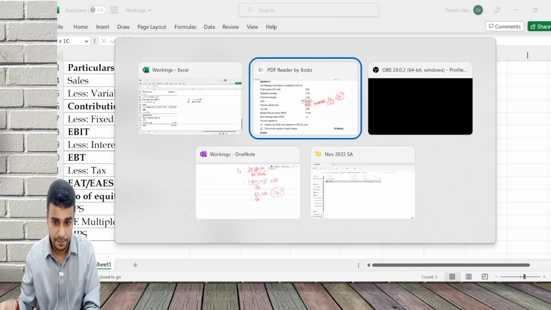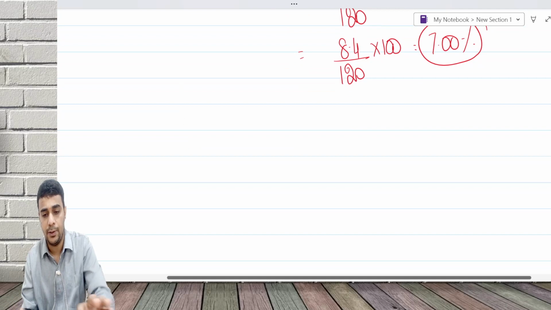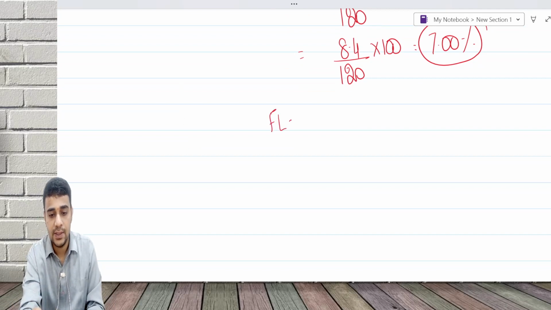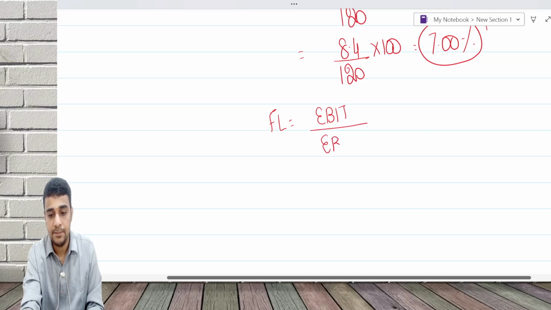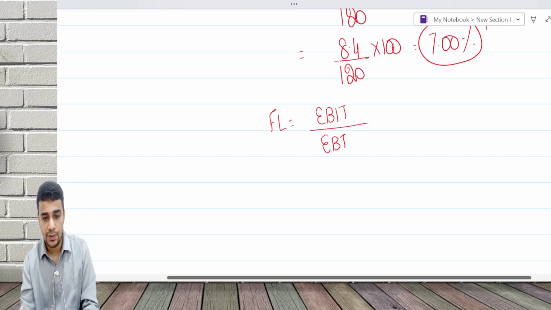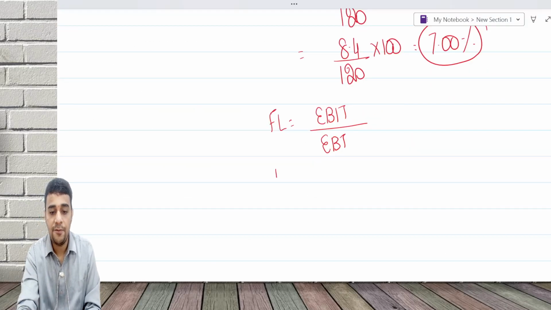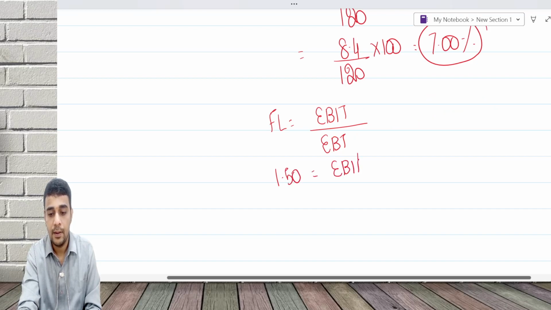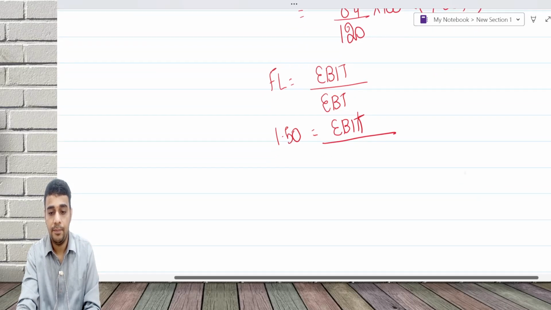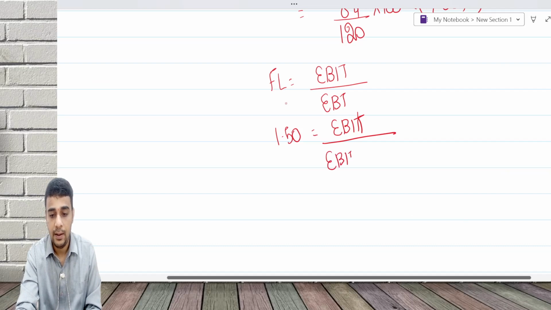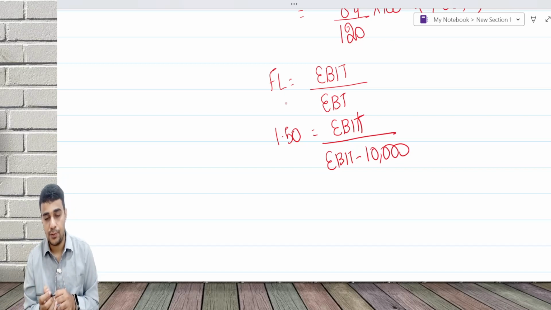So let's start now. Financial leverage is equal to EBIT divided by EBT. 1.50 is equal to EBIT divided by EBIT minus interest, which is 10,000.